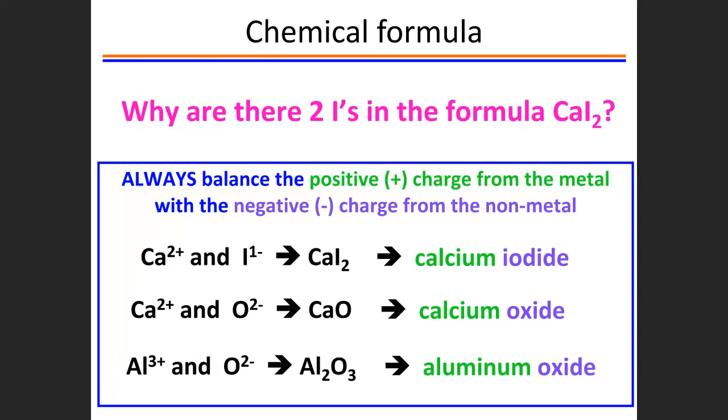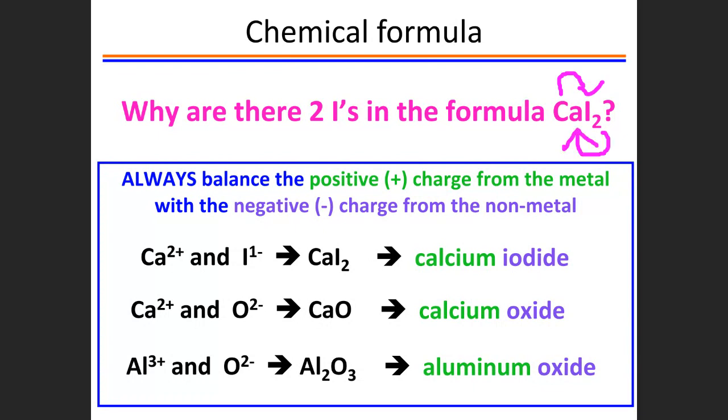Always balance the positive charge from the metal with the negative charge from the non-metal. There are a couple of ways to find it. The way I showed you is one of the easiest, but you need to know the valence electrons.